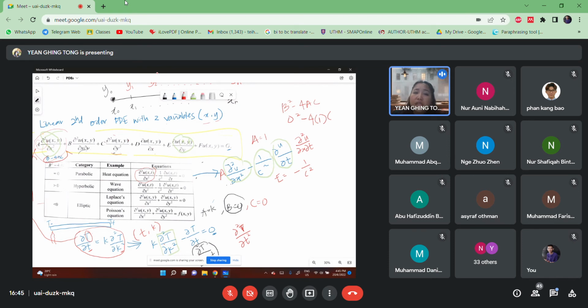Because if C, it used to be del Y square. Going to this one, because the independent variables are X and T.